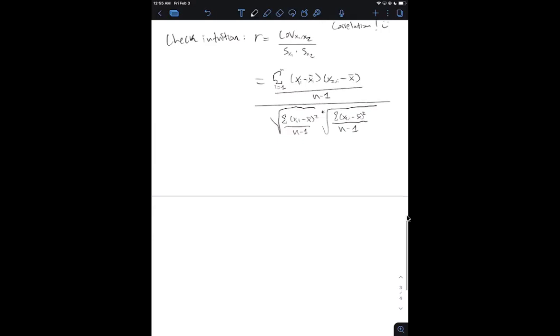So I'll walk through that, I guess it might as well. So the denominator becomes this. So we've got the entire thing right here.